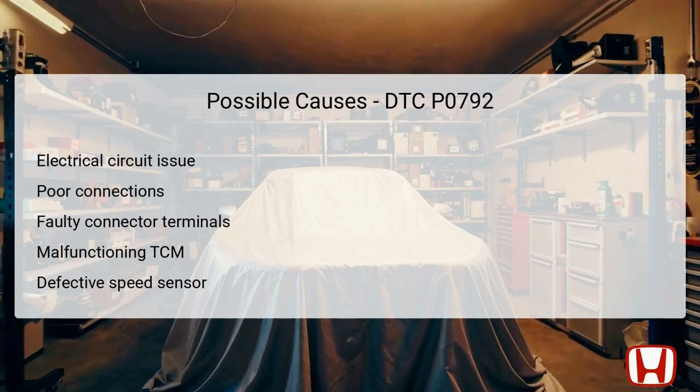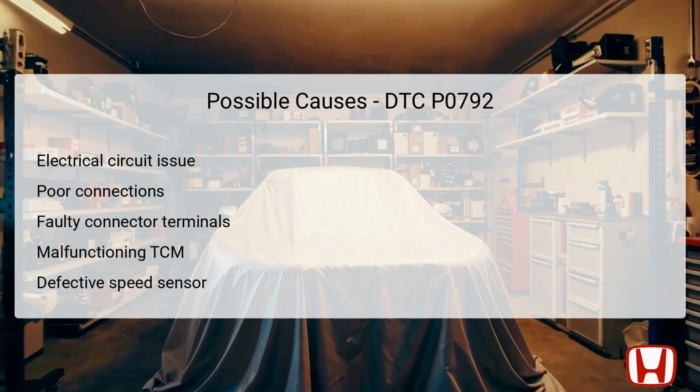The primary cause of DTC P0792 is attributed to electrical circuit problems within the vehicle's system. Issues such as poor connections within the wiring harness can disrupt the signal sent from the intermediate shaft speed sensor to the TCM. Additionally, faulty connector terminals can lead to inefficient communication, resulting in incorrect readings.